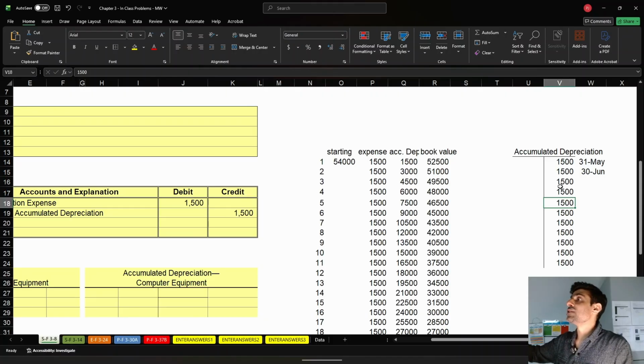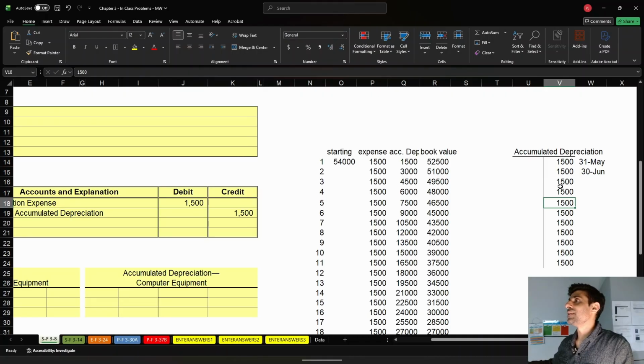So accumulated depreciation is a permanent account. It keeps growing over time. Depreciation expense is a temporary account. It gets reset. Okay, so you need to understand this concept or else this is not going to make sense, and you'll always just get the two confused. Okay, so think about it. If you're unclear by the end of class, then just come talk to me.